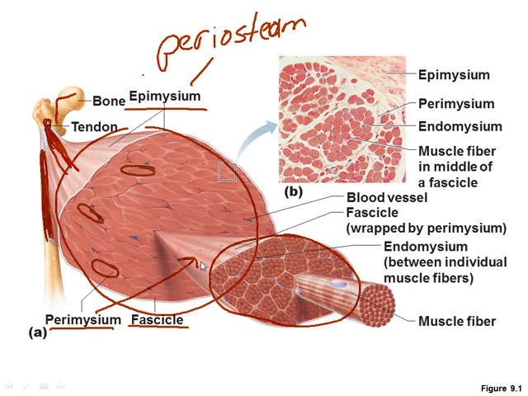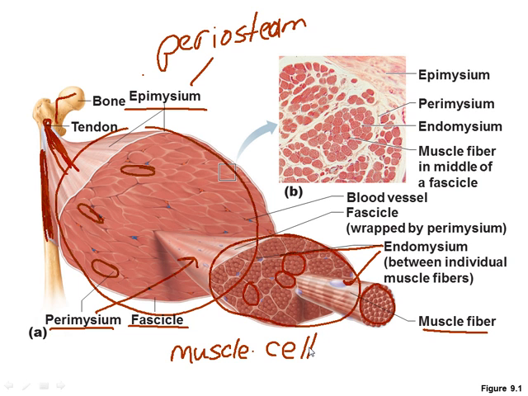Then you take a fascicle, and a fascicle is made up of muscle fibers. So this is a muscle fiber, that's a muscle fiber, that's a muscle fiber. And each muscle fiber is wrapped with an endomysium. Now, when you see the word muscle fiber, you can replace it with muscle cell.